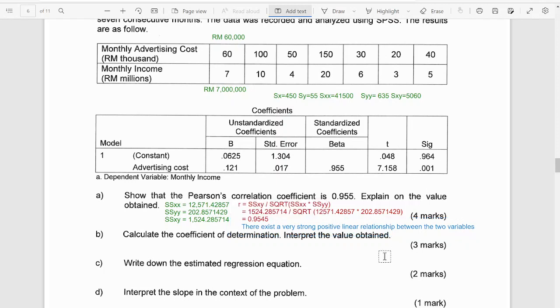Okay, between the two variables ni you boleh tukar lah dengan dia punya actual variables kalau nak. So you can just say there exists a very strong positive linear relationship between advertising cost and monthly income. Boleh juga. So that is for the first question.